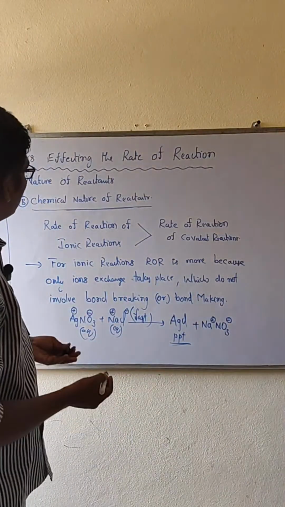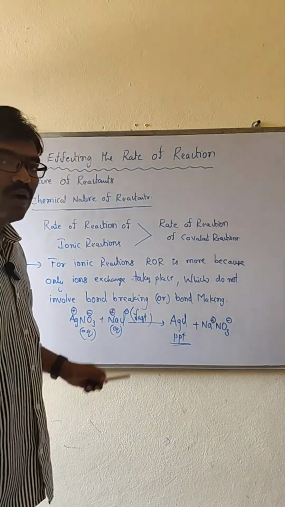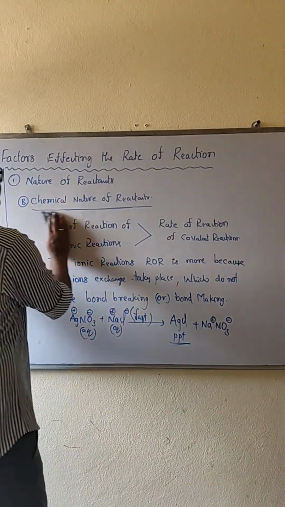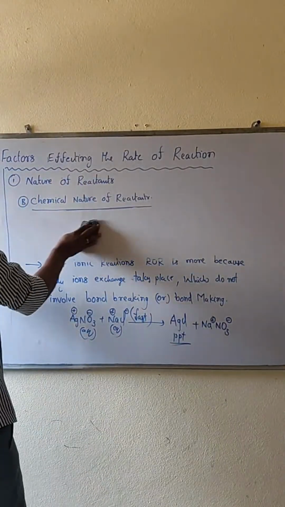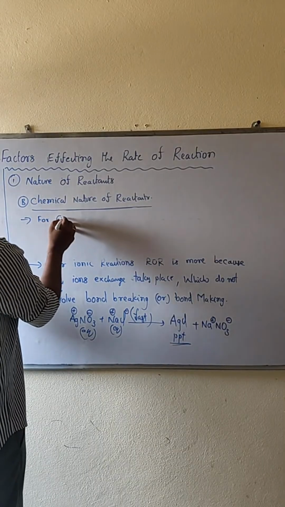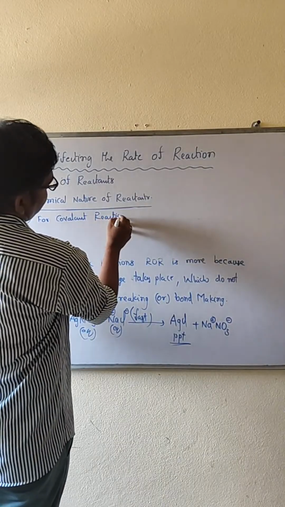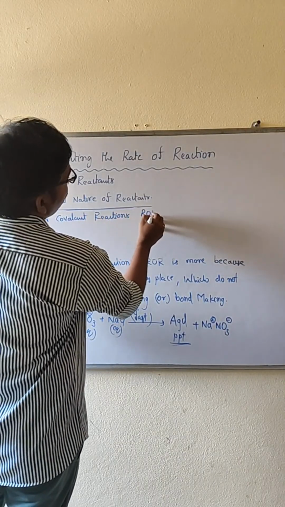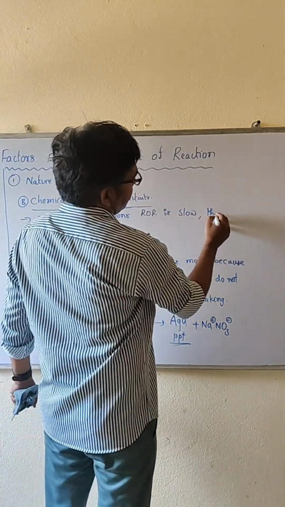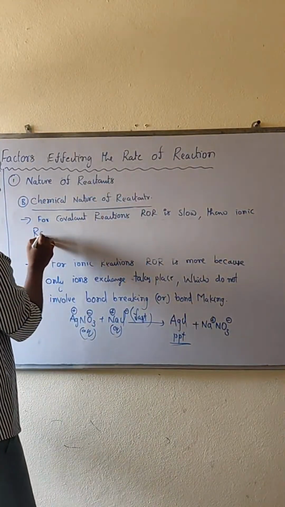In case you take covalent reactions, I told you that the rate of reaction of covalent reactions is less than that of ionic reactions. For covalent reactions, the rate of reaction is slower than ionic reactions.